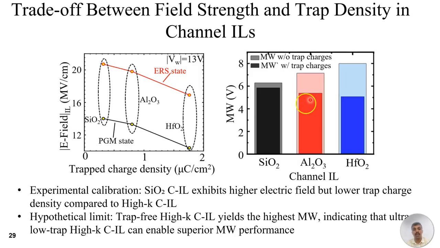So in a hypothetical limit, if we assume a trap free high K CIL, it will yield the highest memory window compared to low K CIL, which is shown by the light bar plots here. This suggests that if we are able to achieve significantly low trap charges in high K channel interlayer material, that will result in the highest memory window performance compared to low K SiO2 material.